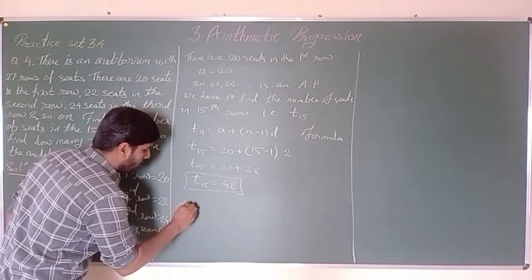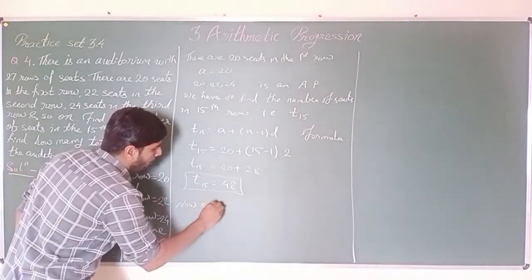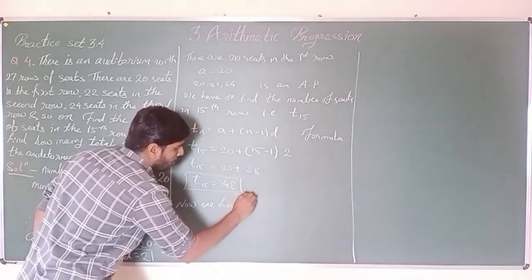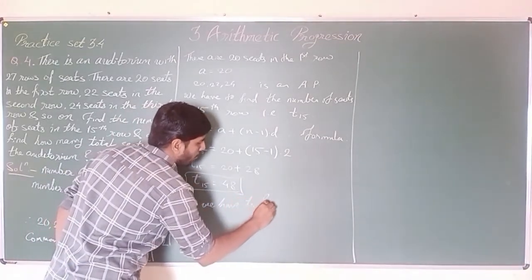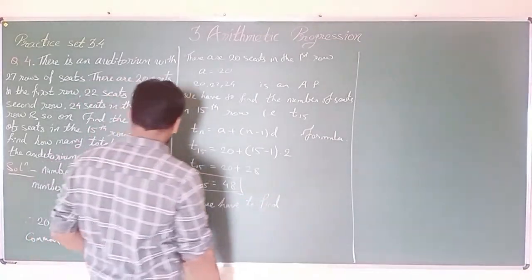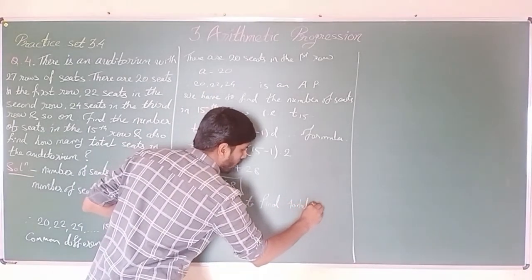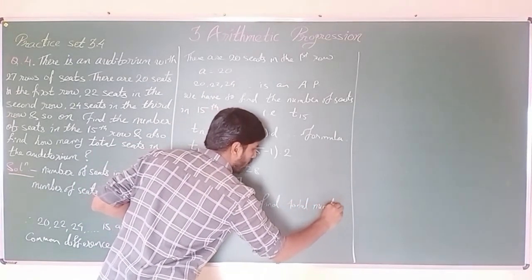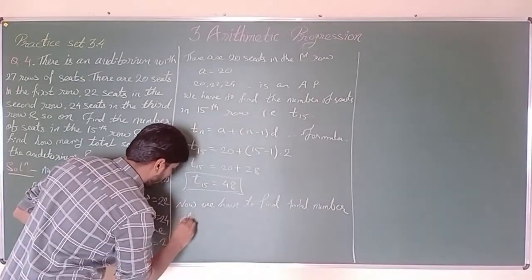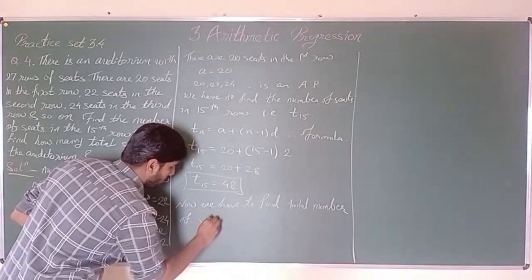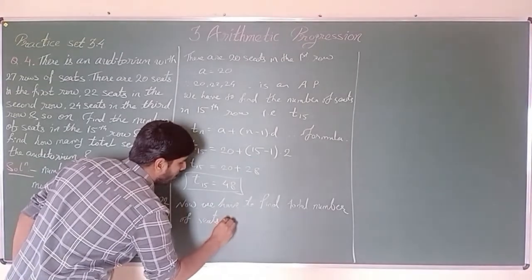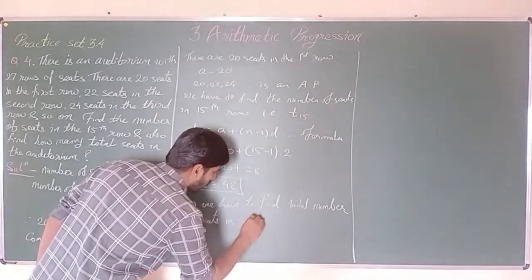Now we have to find the total number of seats in 27 rows.